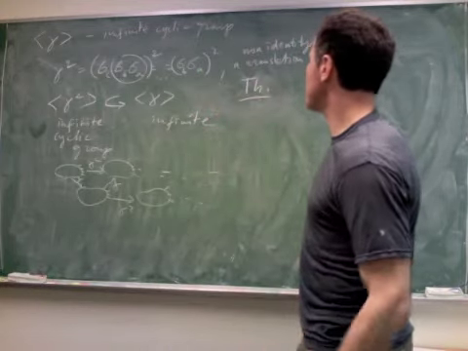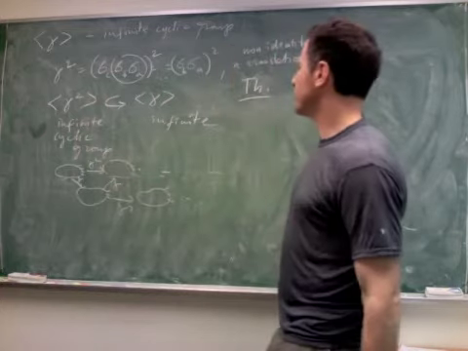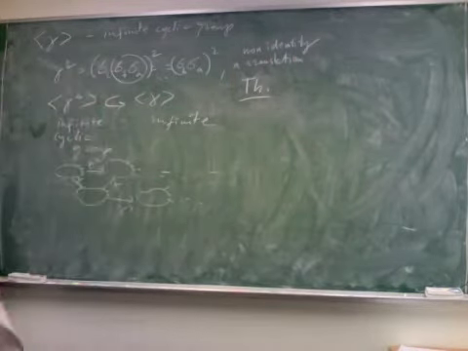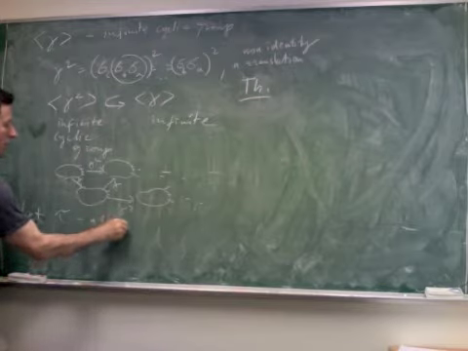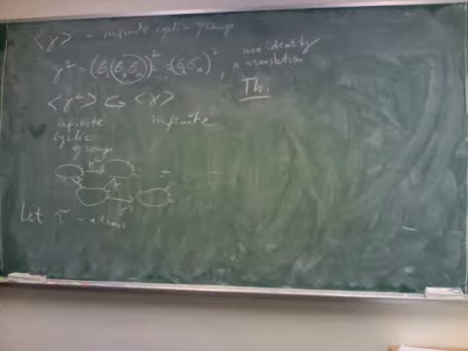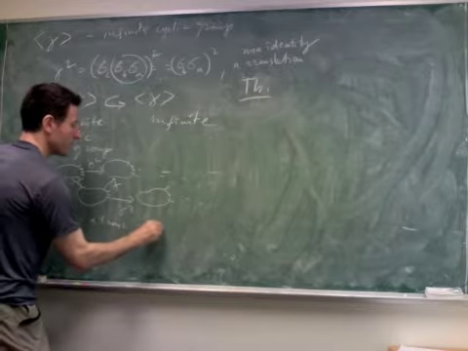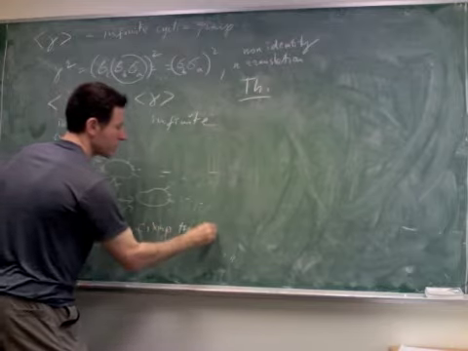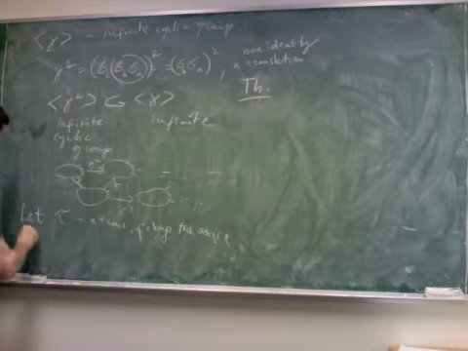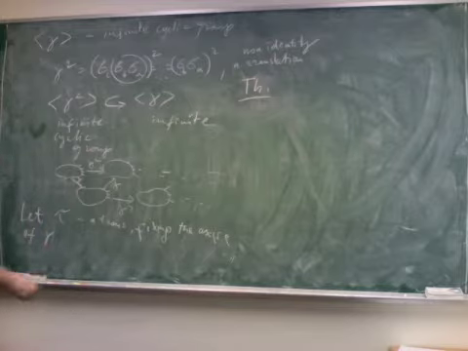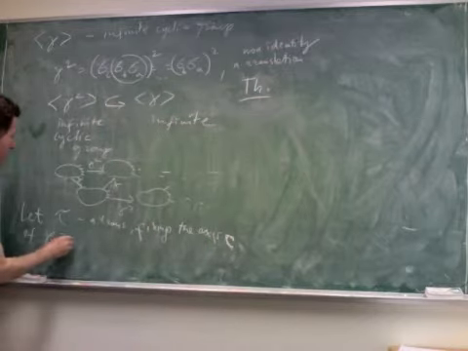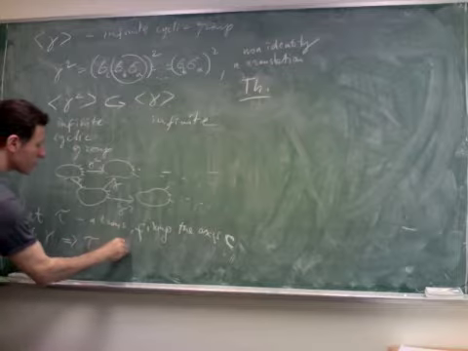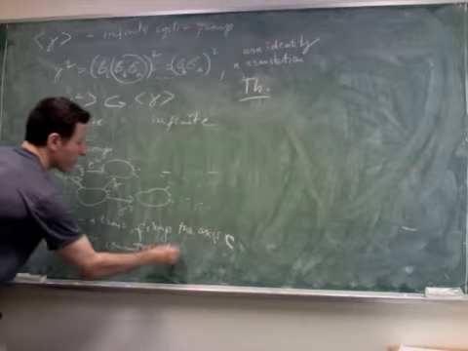Also, we can say, of course, obviously, that if some other translation comes along, so let's say tau, a translation fixing the axis C of our glide reflection gamma, then we must have that tau commutes with gamma.